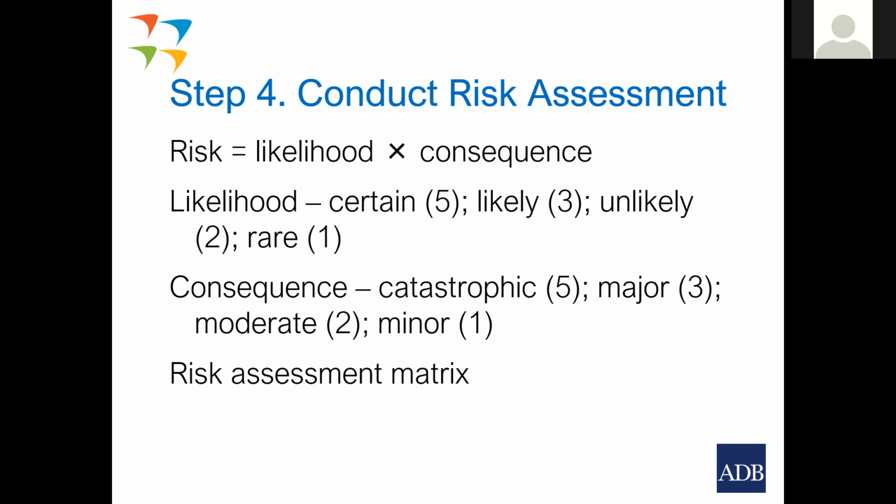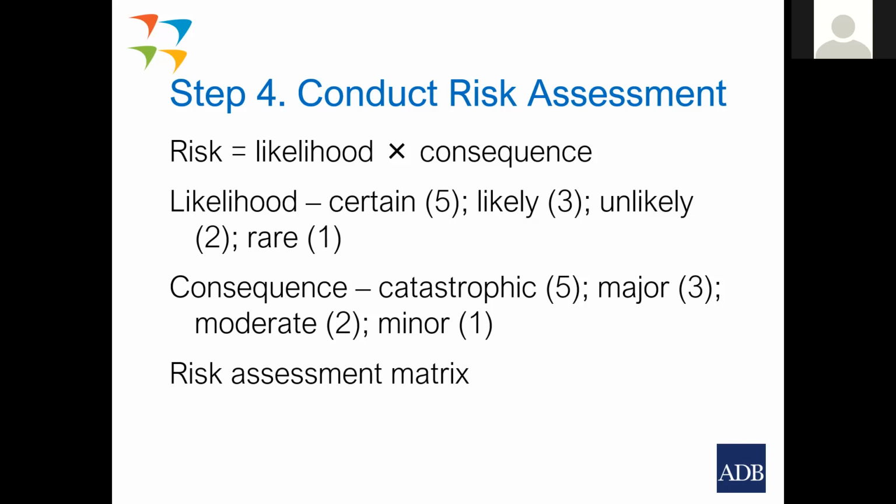If a particular impact is certain, we give it a value of 5. If likely, 3. Unlikely, 2. If it's rare that it will happen, 1. Similarly with consequence: if the impact resulted in a catastrophic consequence, we'd give it the highest value of 5. Major, 3, moderate, 2, minor, 1, etc.